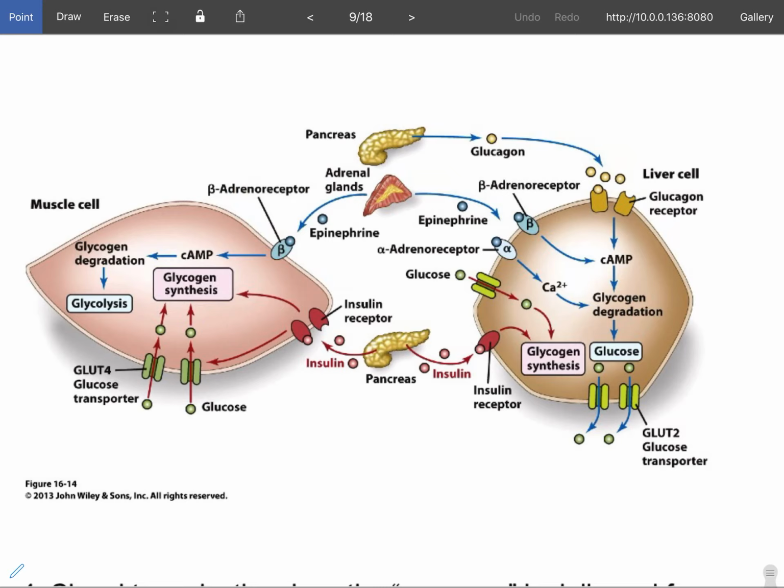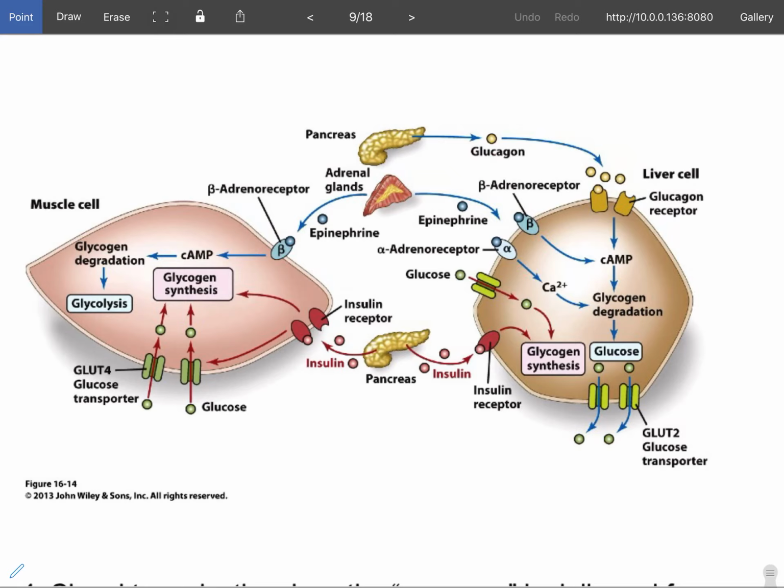The liver, on the other hand, will recognize that there is glucagon present, and it will enable then the glycogen degradation pathway to be activated, shown here, and that's going to produce glucose, and that glucose can be exported out into the bloodstream. So the liver responds to glucagon by releasing glucose into the blood so that those levels increase.